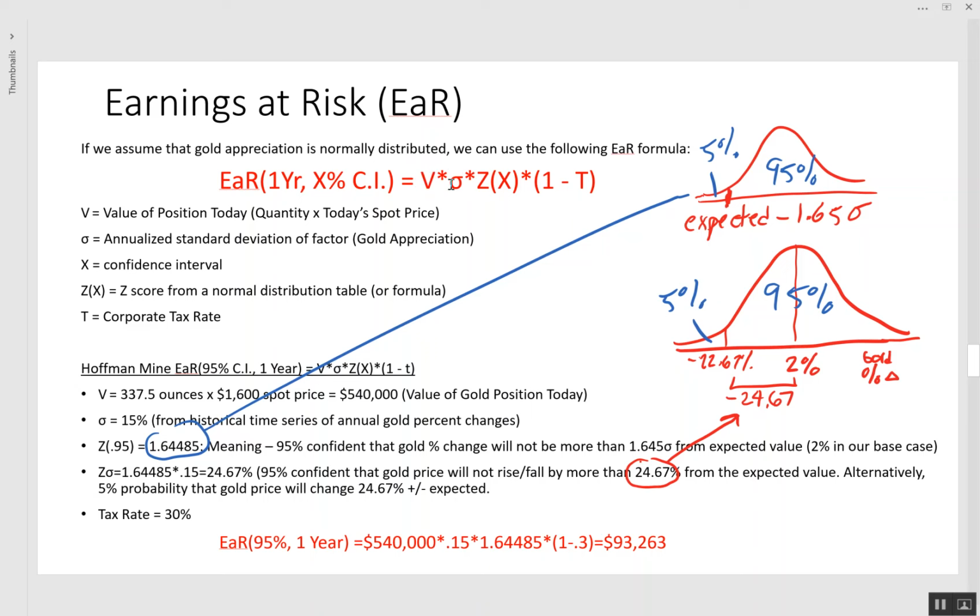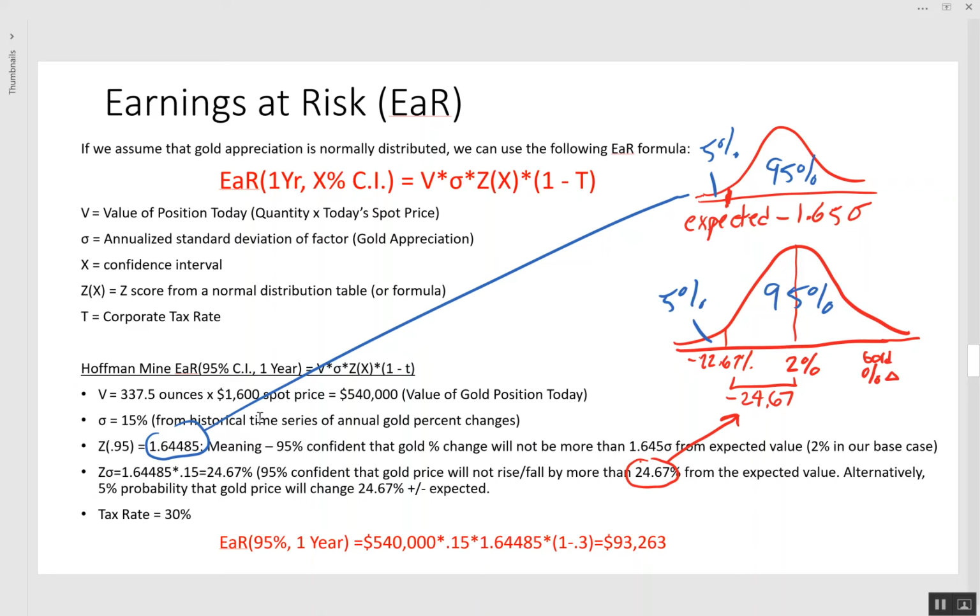Sigma is the annualized standard deviation percentage of gold appreciation. Z of X is the Z value from a normal distribution one-tailed test table that's consistent with that X percent. So it's Z of 0.95 for a 95% EAR. And 1 minus the tax rate.